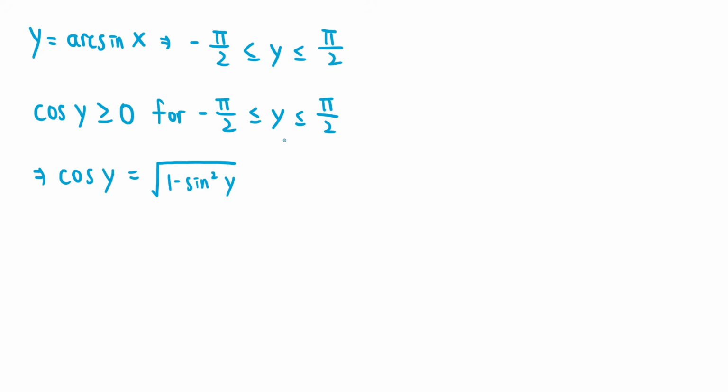So since cosine of y is always non-negative, this means we can assume cosine of y equals the square root of 1 minus sine squared of y, and it can never equal the negative of the square root of 1 minus sine squared of y, which is why we were able to assume this equality without the plus or minus sign.